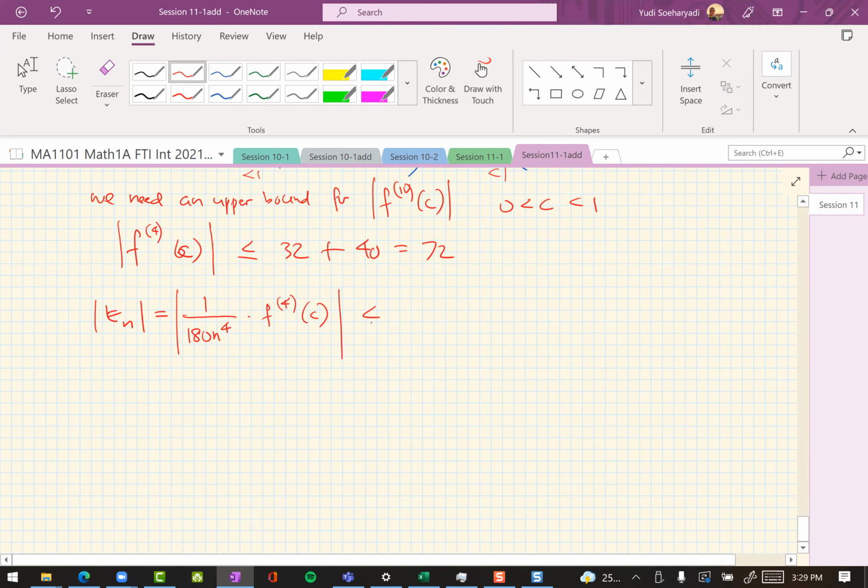So this is less than 100. This is less than 72. So 72 over 180, this is less than 1/2. I just make easy computations.